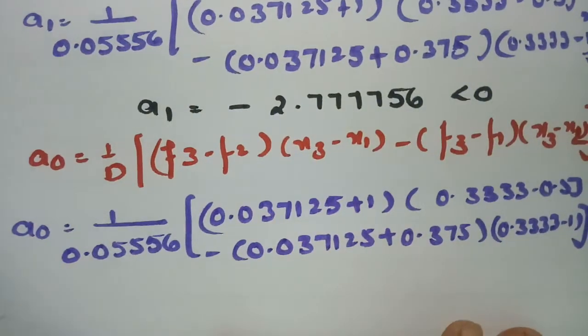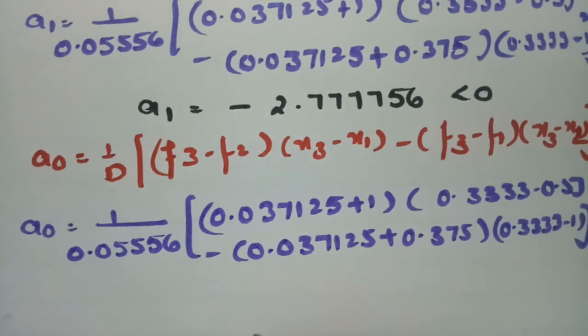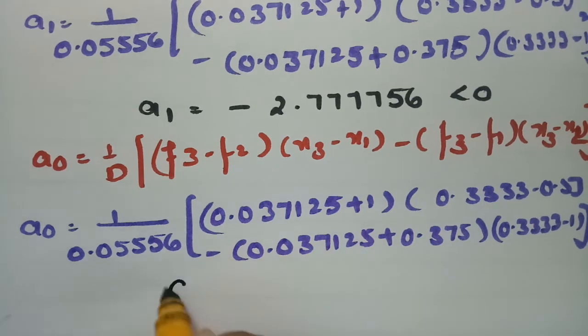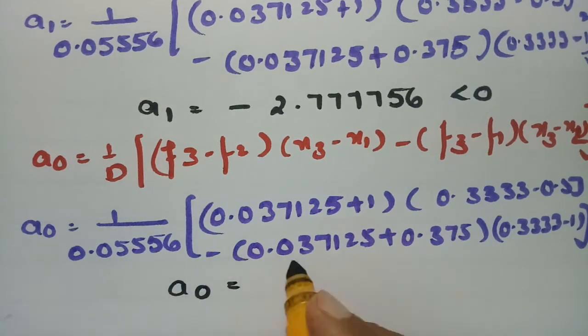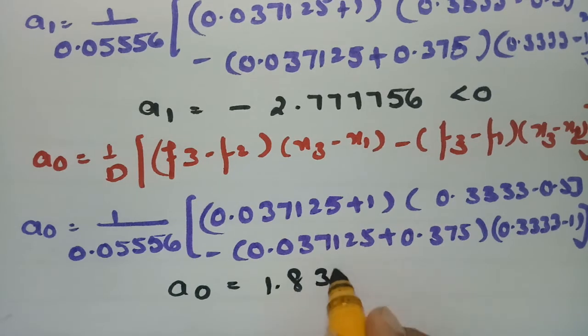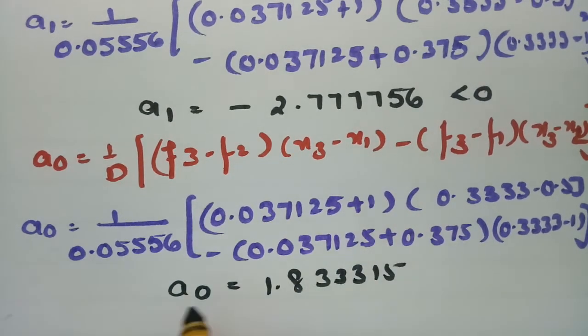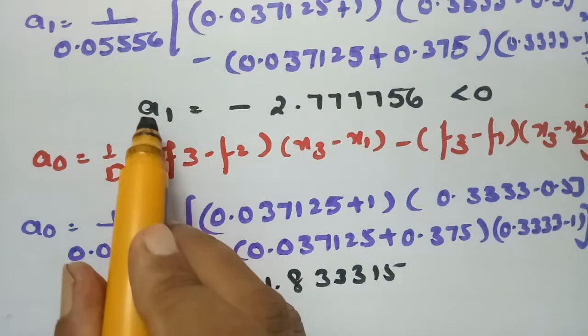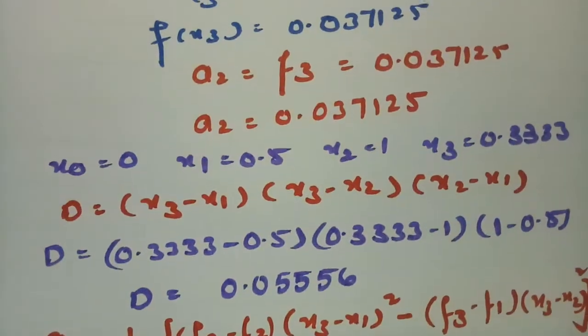That's it. If you use calci, our A0 value will be 1.833315. So we got A0 value, A1 value, and next A2 value.